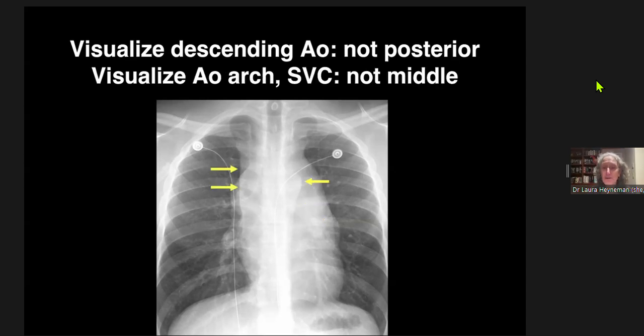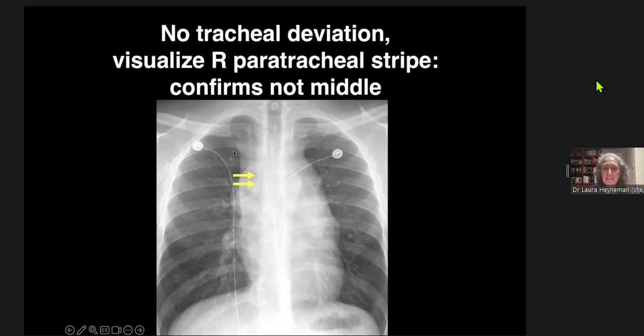I also see the transverse aorta quite well, which I said I usually include in the middle mediastinum. Furthermore, on the right, I see the vertically oriented SVC, and I see the nice thin paratracheal stripe, and the trachea is not deviated.